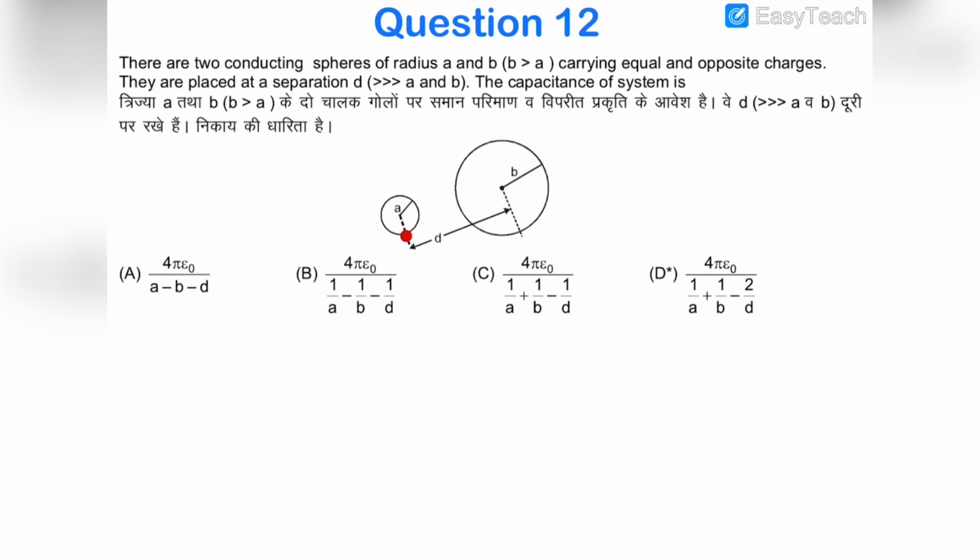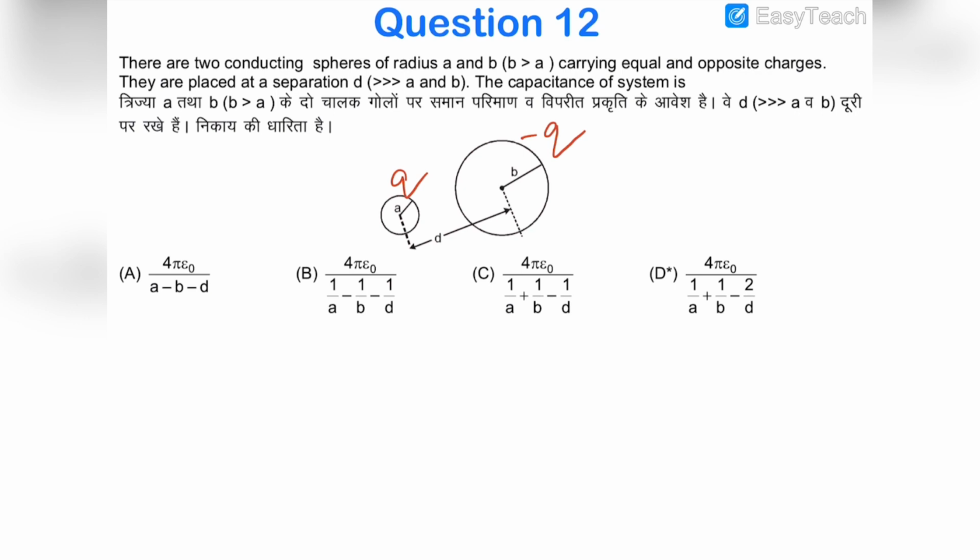Now they are placed at a separation D which is very much greater than A as well as greater than B. Now the capacitance of this system would be, now let us suppose that it has a charge of Q and it has a charge of minus Q. Now I have seen that many of the students are confused about whether they will influence each other or not, because it is given that D is very much greater than A or B. So what we should look at in the options is that in each and every term there is D. So we have to consider the influence of this on this and influence of this on this.